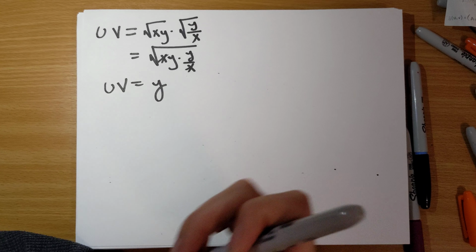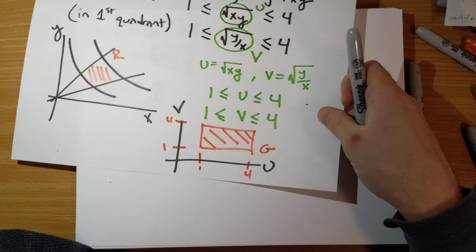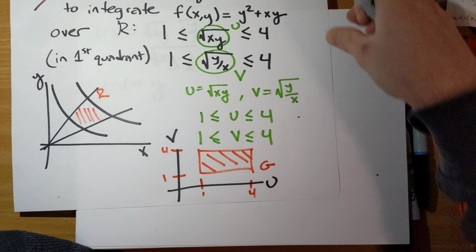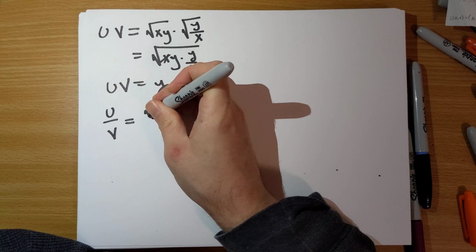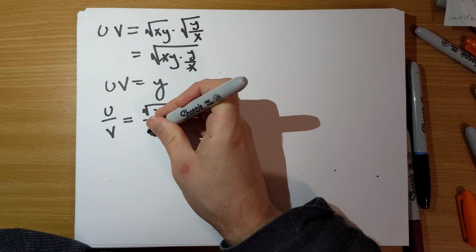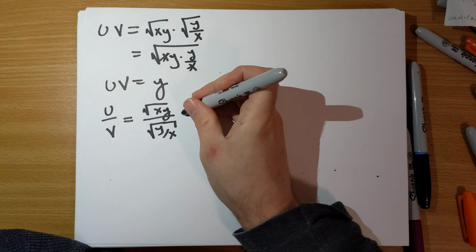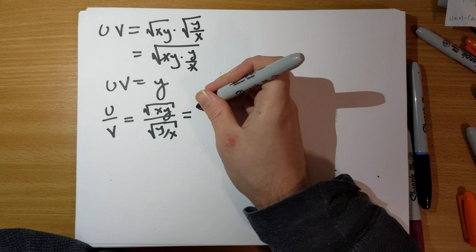Now how about for x here? Something we can realize is that if we do u divided by v, the square root of xy over the square root of y over x, what happens here?